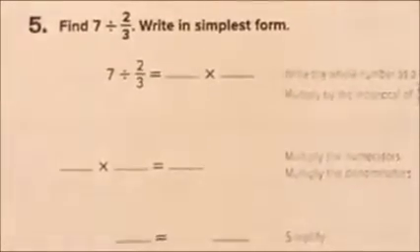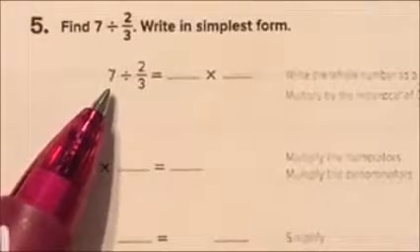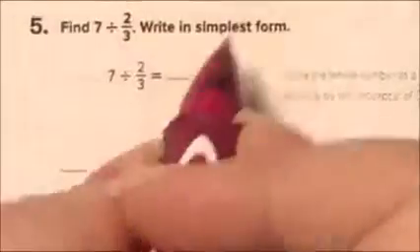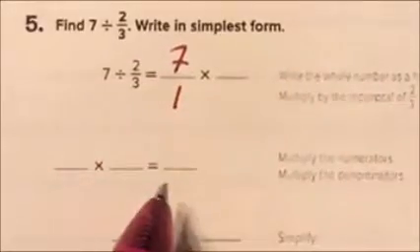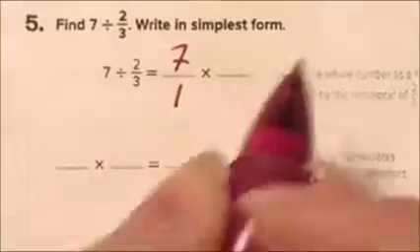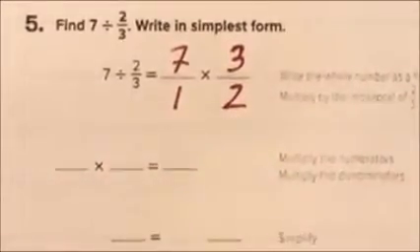Okay. For number 5, find 7 divided by 2/3, write in simplest form. So I'm going to rewrite 7 as a fraction. So that becomes 7 over 1. I'm going to find the reciprocal of 2/3, which is 3 over 2.